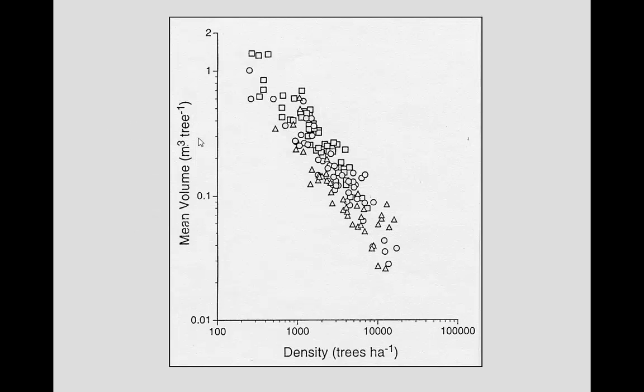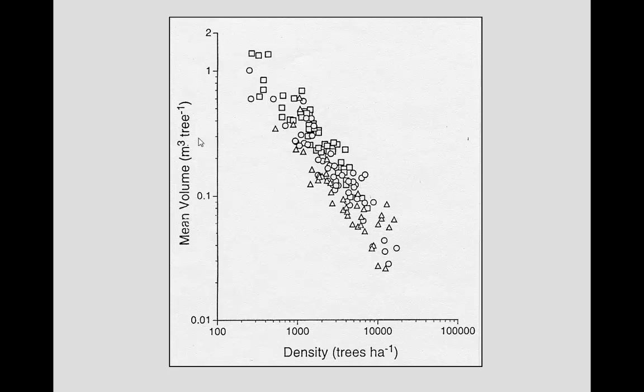All right, we have some data here, and each one of these represents a lodgepole pine stand, and there are 3 different symbols there, but that's all lodgepole pine. And these data were collected in northern Utah and on the Medicine Bow, south central Wyoming, just north of the Colorado border.